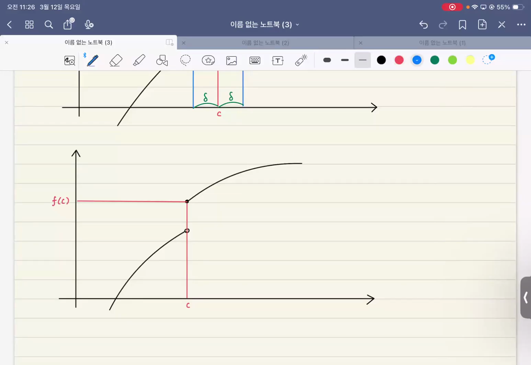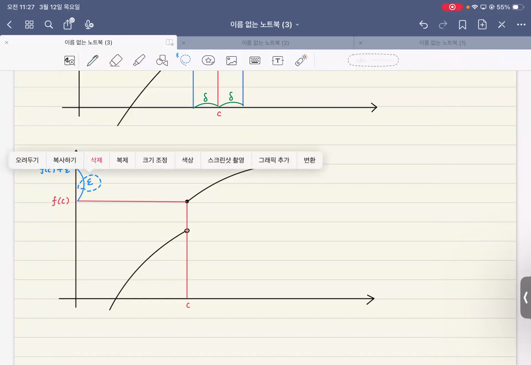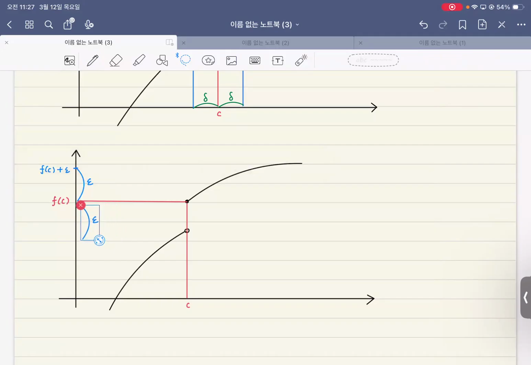Well, first let me try. This is my epsilon. The length of this line segment is my epsilon. Then this is f of c plus epsilon, and this must be f of c minus epsilon.